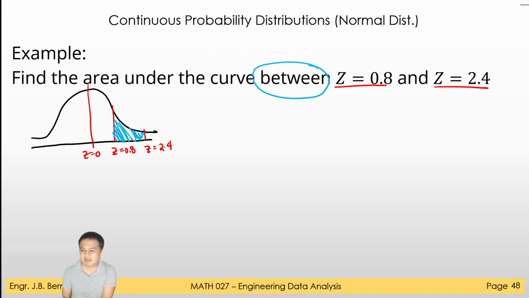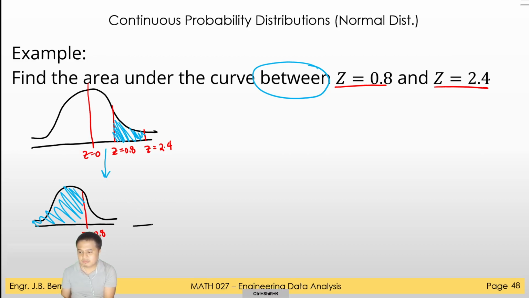Based on our table, when we want to get the probability for z equal to 0.8, we will have something like this. Okay? So this is what we will get.